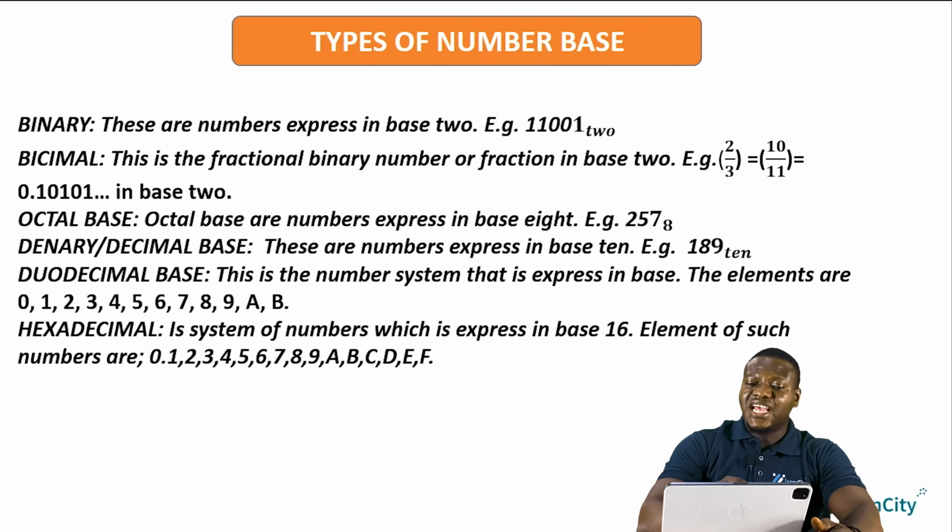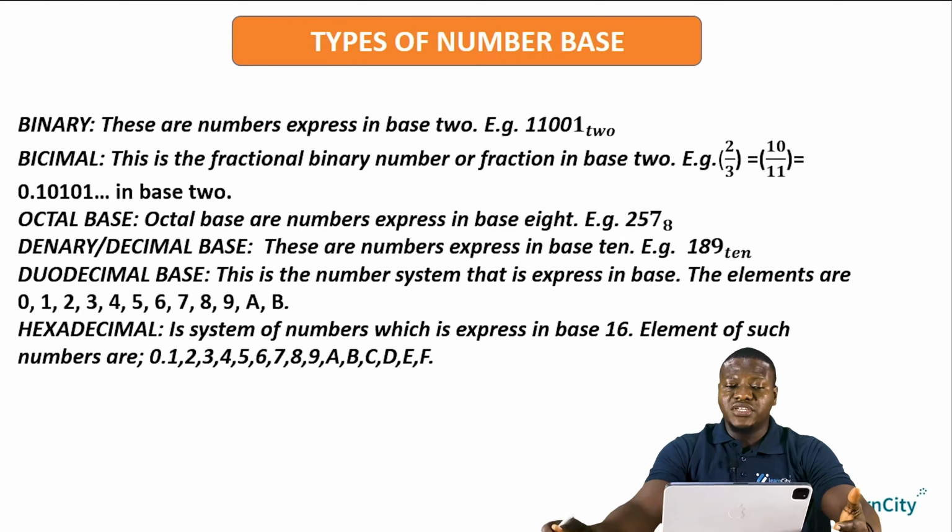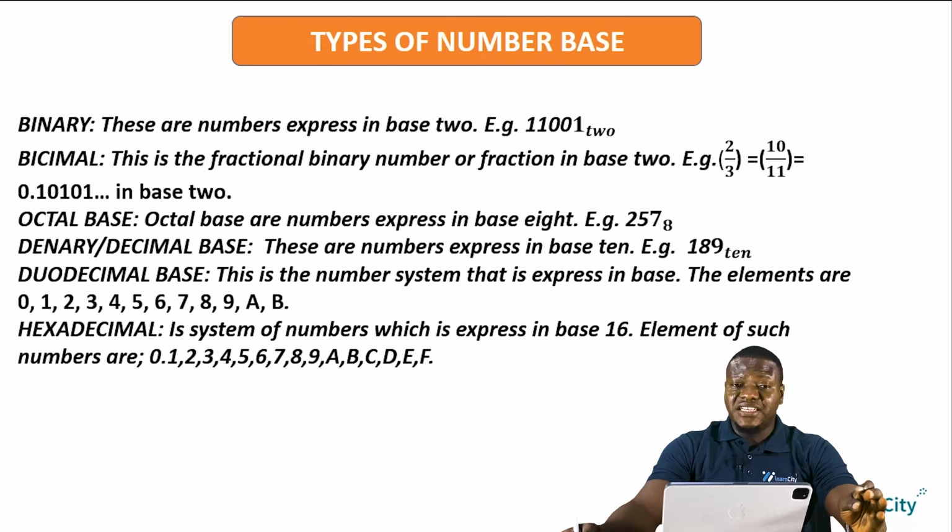The rule is n minus 1. So now we are talking of numbers in base 12. The maximum number in a duodecimal number system is 11.